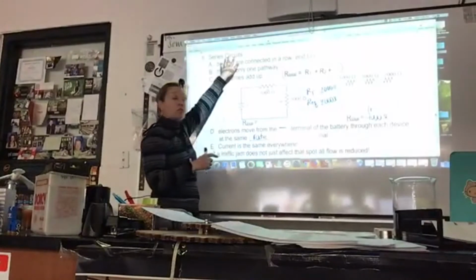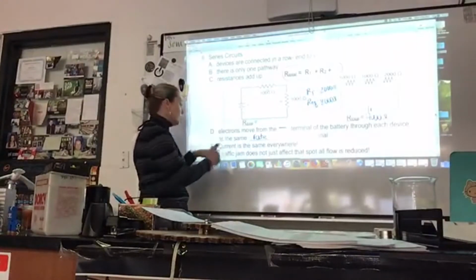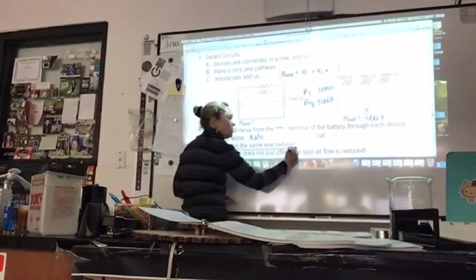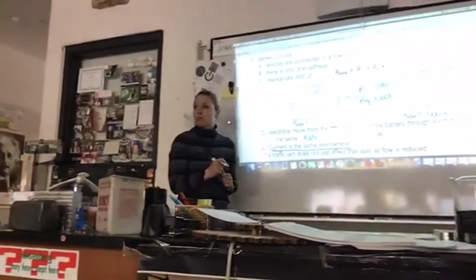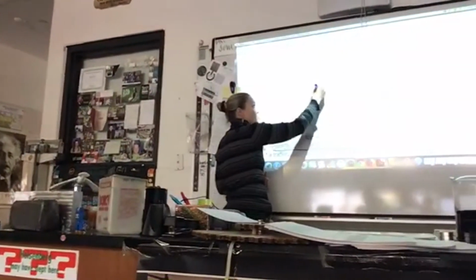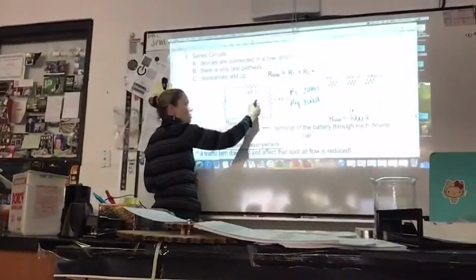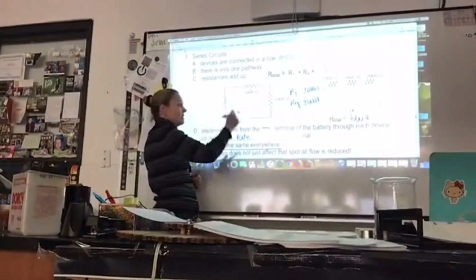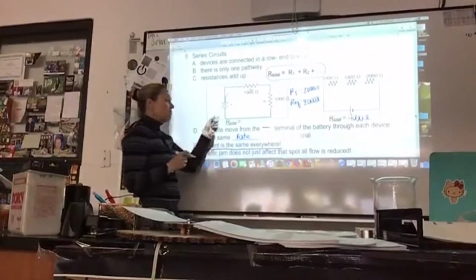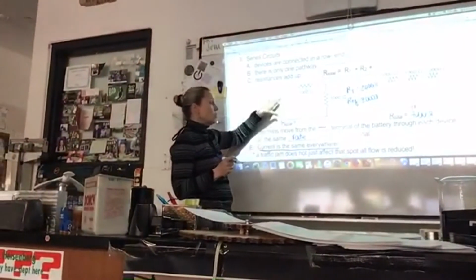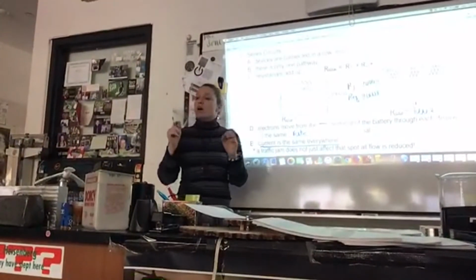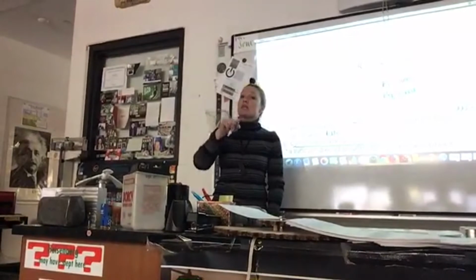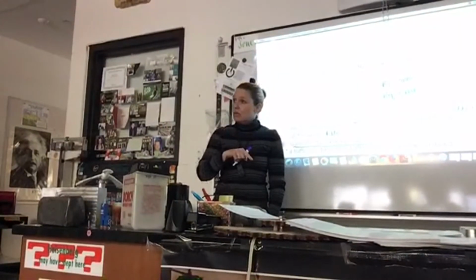If you're in series, current is the same everywhere. Not fast and slow and fast and slow. Whatever I is, it is the same everywhere. In fact, if you know the current leaving the battery, that's everywhere.